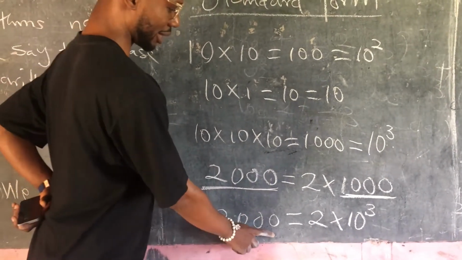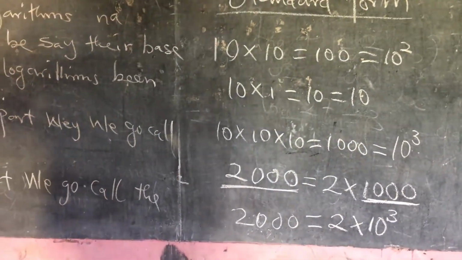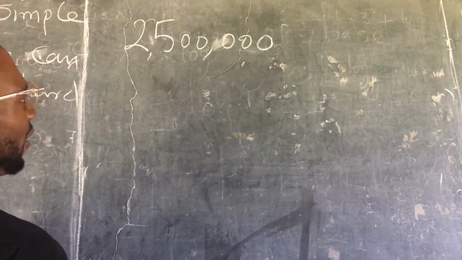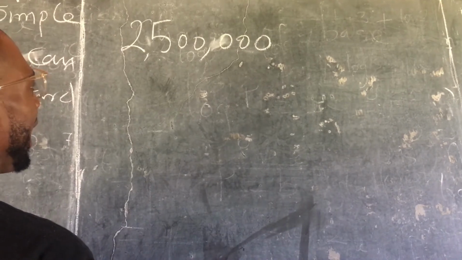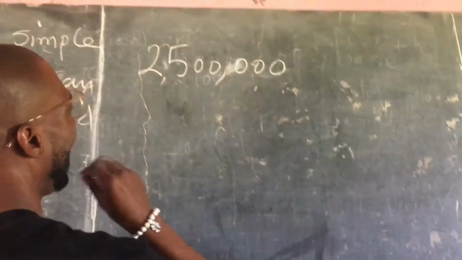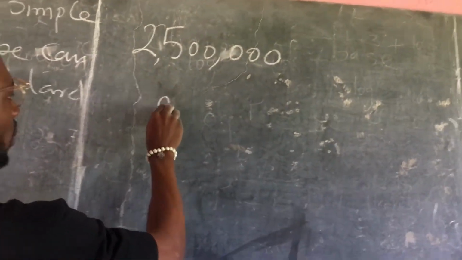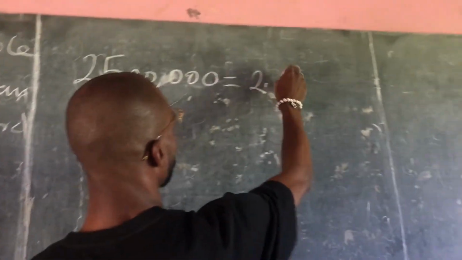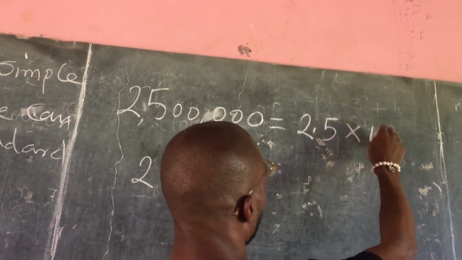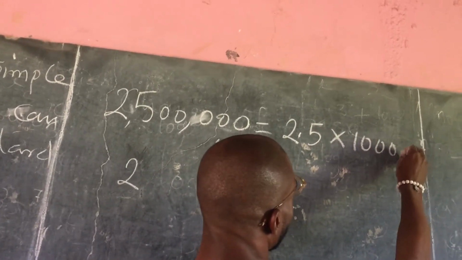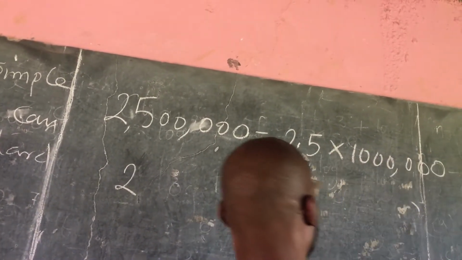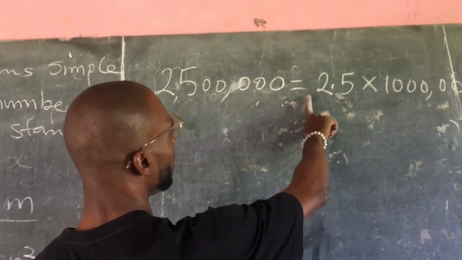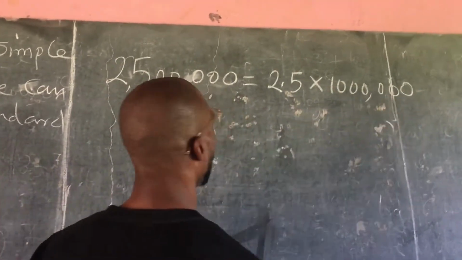Now I have expressed this 2,000 as a product of two numbers. Let us check this number. This number is 2.5 million. I can express it as 2.5 times 1 million.